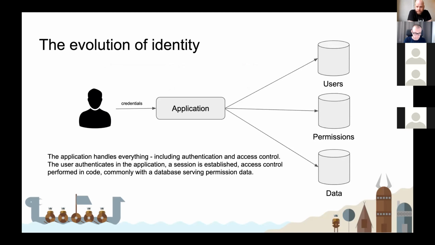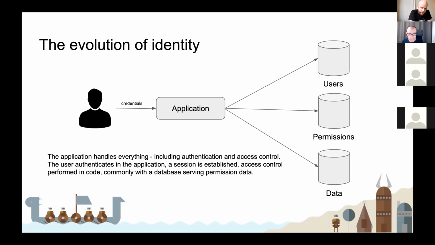So let's start looking into the evolution of identity. The old model, or the monolith model, I shouldn't say old, it's still a pretty pervasive model, but in the monolith model, you have one application and it handles everything.